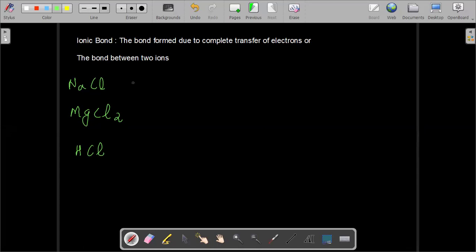So I will write here sodium Na has 1 electron in the outermost shell, and chlorine has 7 electrons in the outermost shell. So 1, 2, 3, 4, 5, 6, and 7. So chlorine has 7 electrons, sodium has 1 electron.